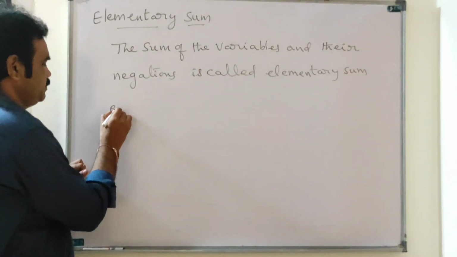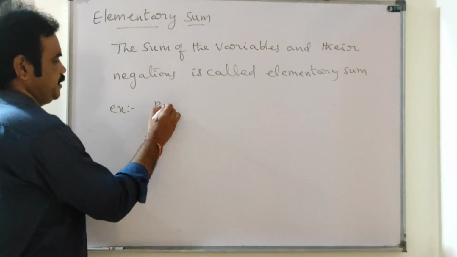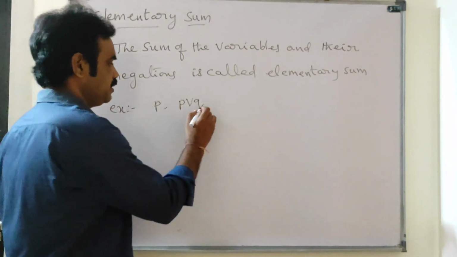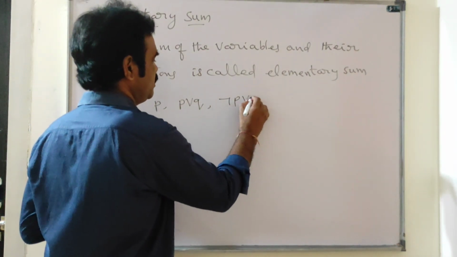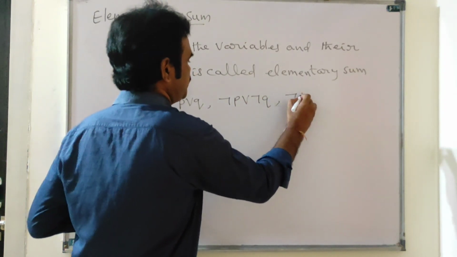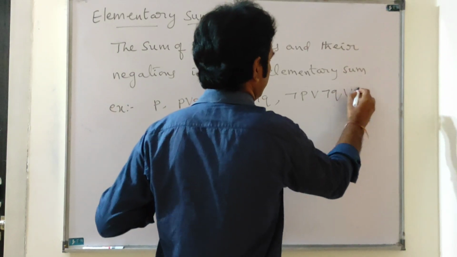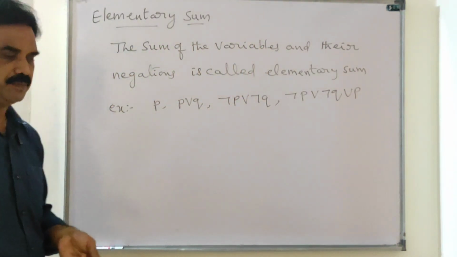For example, P or Q. P is itself an elementary sum. Okay? P or Q. Negation P or negation Q. Negation P or negation Q or P. These are all elementary sums.